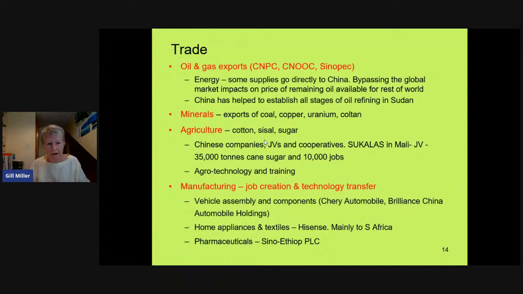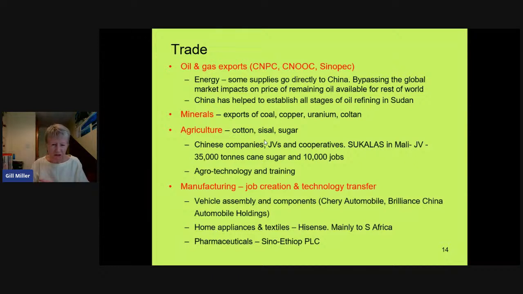Minerals there, we talked about exporting uranium, coltan and so on. Agriculture, China needs food, it wants sugar, it wants cotton, and what's happened there is that Chinese companies have moved into Africa and established very large-scale agricultural companies, really sort of industrial agriculture, by working with joint ventures. That's what JV stands for, joint ventures.